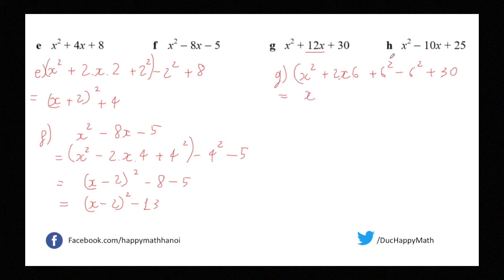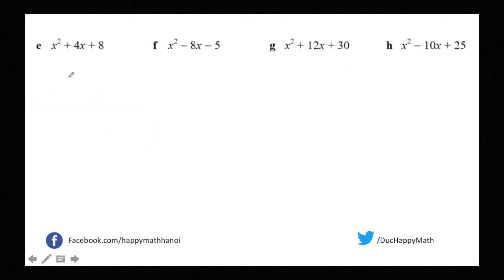And the first three terms, a is h, b is 6, square minus 36 plus 30, and h plus 6 square and minus 6. Easy. The last one is h square minus 2h means 2a and b have to be something for minus 10h here, so b equals 5, and plus 5 square minus 5 square, and plus 25.